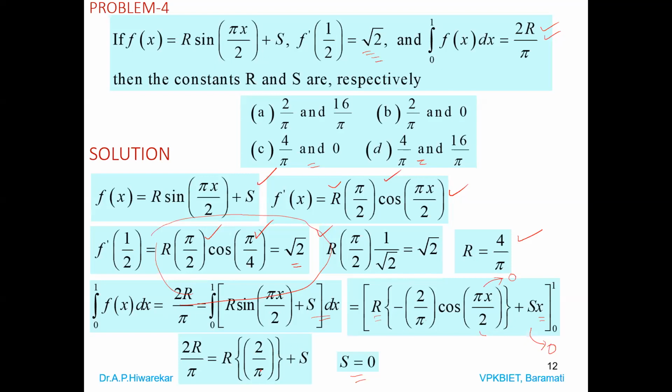So it is r into 2 by pi plus s, because for the upper limit you put x as 1, so that's why it is plus s. This term gets cancelled and you get s as 0. So we have got r as 4 by pi and s as 0. So C is the correct option.